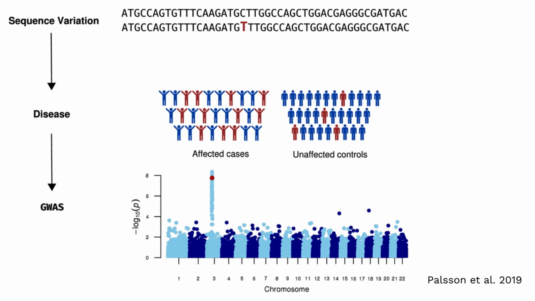On your left, you see a bunch of people that are super stoked to have some kind of disease in this cartoon, and then on the right you have an unaffected cohort as a control. And then you look across the genome and try to find variants that are more often than not in the affected cases and not as prevalent in the unaffected controls. And then you can guess that variant might be linked to the trait of interest.